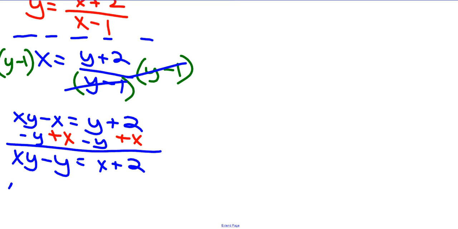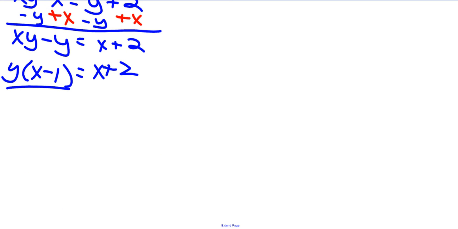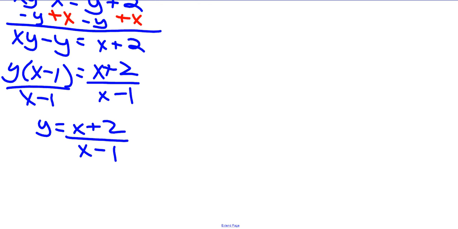The y factors out as a common factor, and we have x minus 1 and x plus 2. And then we divide each side by x minus 1. And we get that y equals x plus 2 over x minus 1.